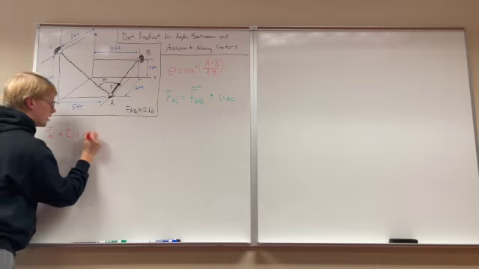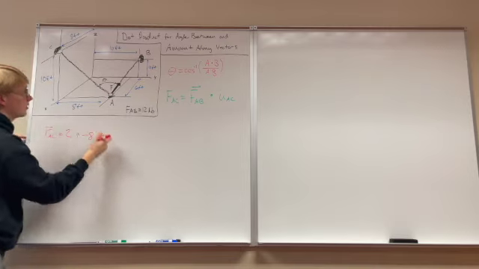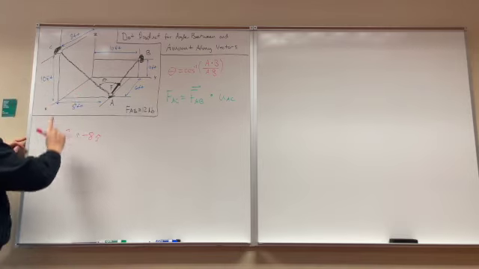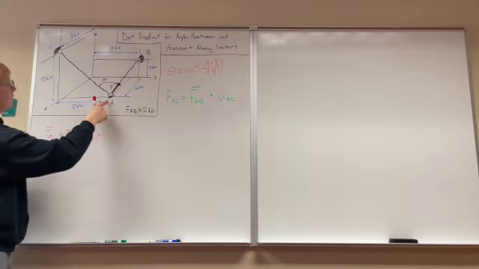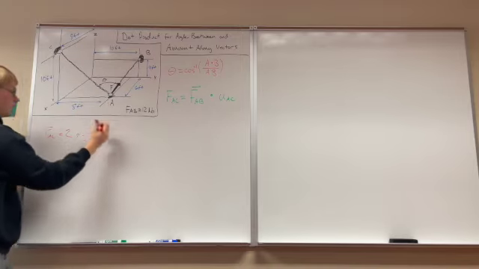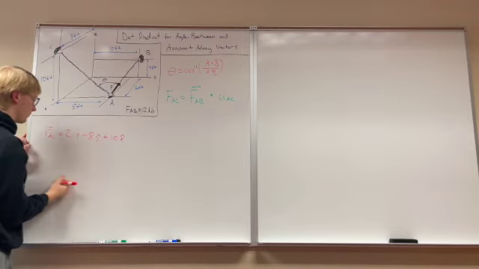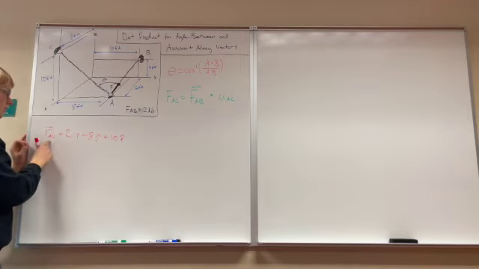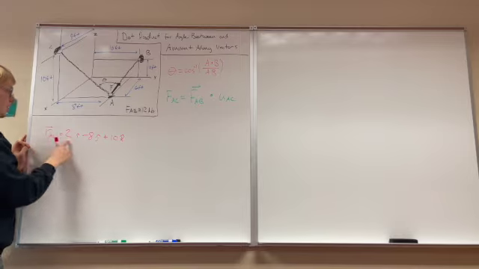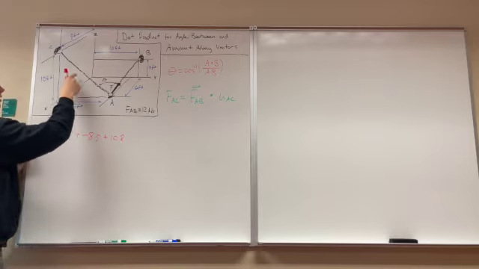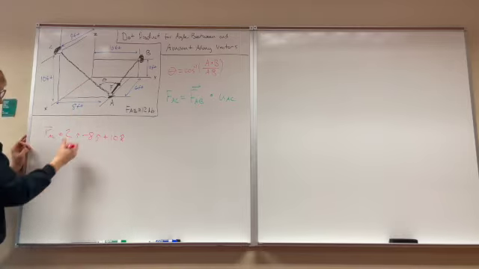So -8 j hat. And in the Z direction, we're going from 0 to 10. So +10 k hat. That's the vector notation of the length of this rod.